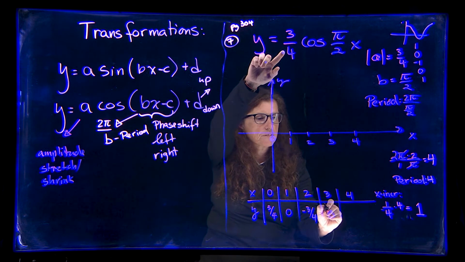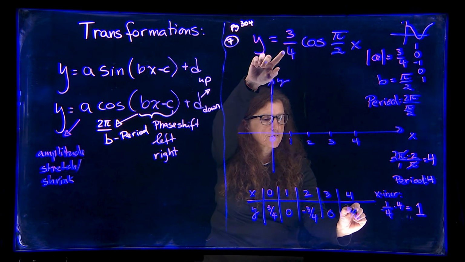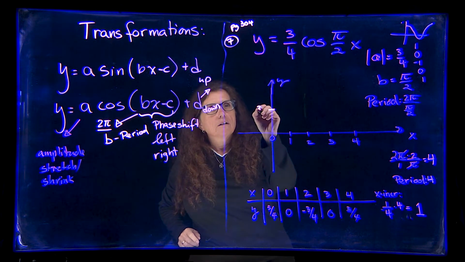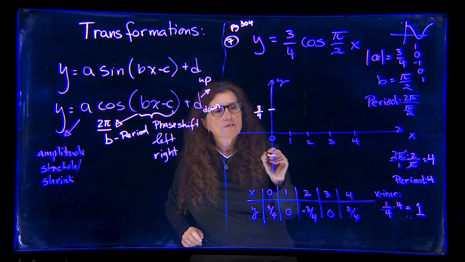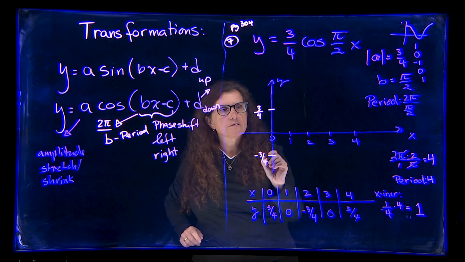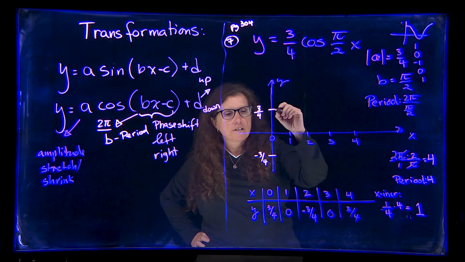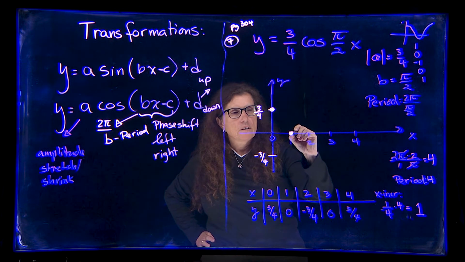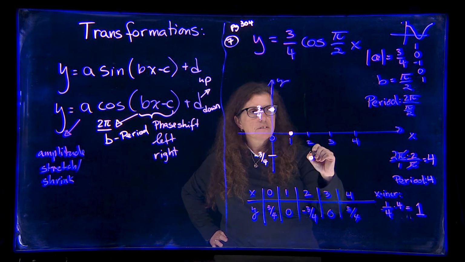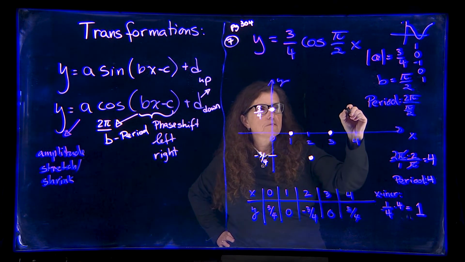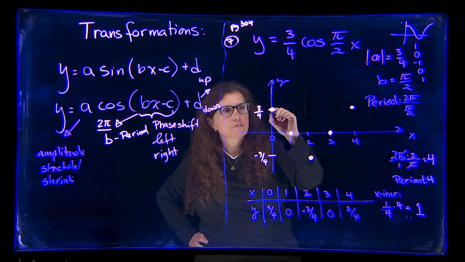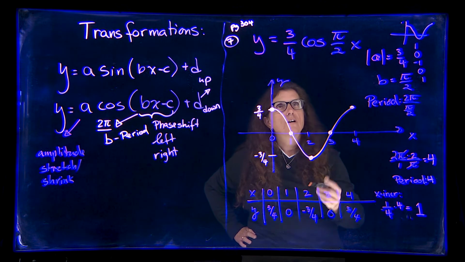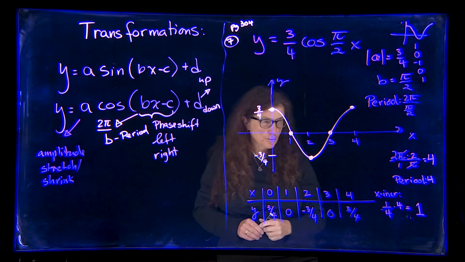Then I go to 0 and go back up to positive 3/4. Okay. So we start at 3/4, then we go to 0, negative 3/4, back to 0, and back up to 3/4. So that is one period of this particular function.